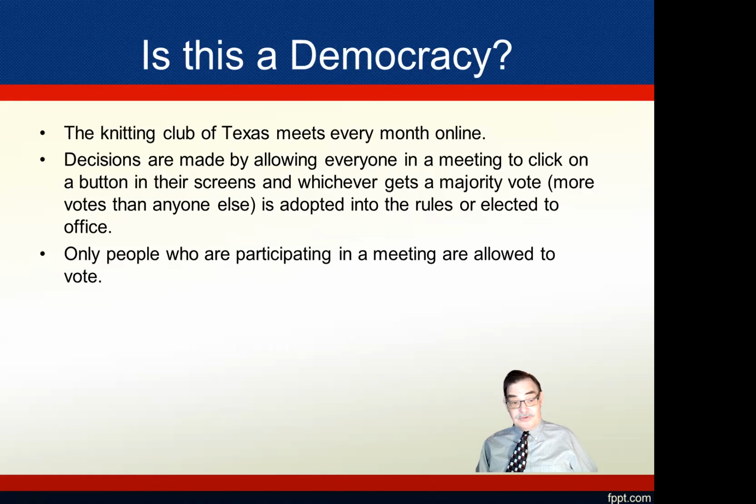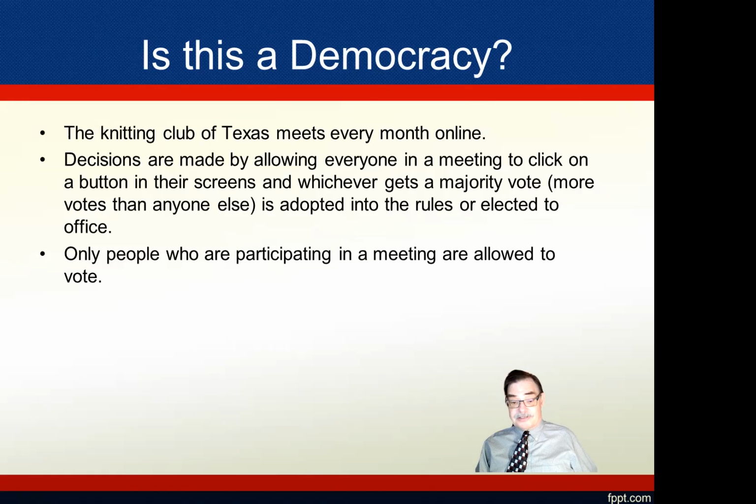So here's a second one. You have a knitting club. A knitting club meets online every month. They make their decisions by allowing everyone who's in the meeting at the time to click on a button on their screens, and whichever decision or candidate or whatever they're voting on gets a majority vote, more votes than anyone else, that's adopted into the rules, or that person is elected into office.